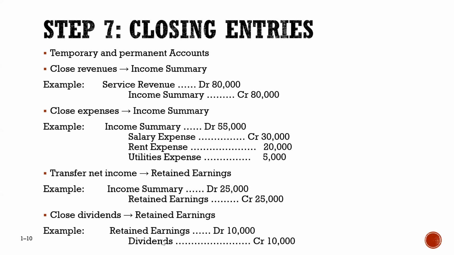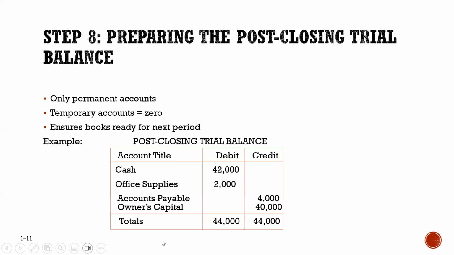Now, next is the last step, and that is preparing the post-closing trial balance. This is the final step of the accounting cycle, and this statement contains only permanent accounts, such as assets, liabilities, and the owner's equity accounts. All temporary accounts now have zero balances, so they do not appear here.